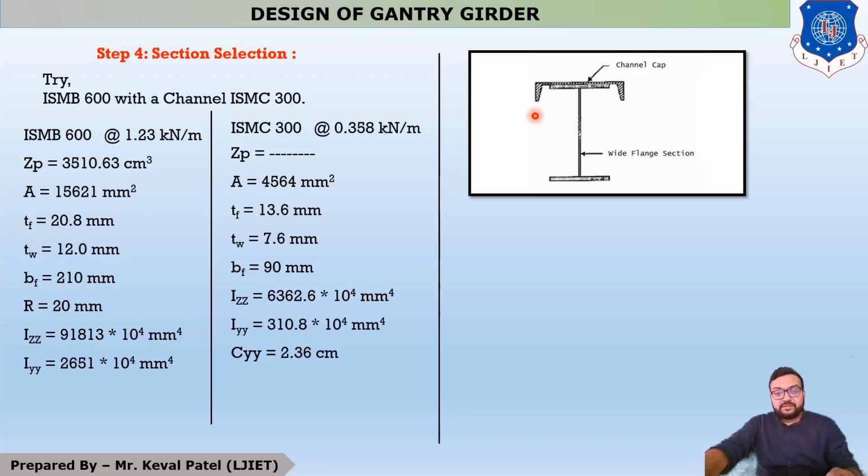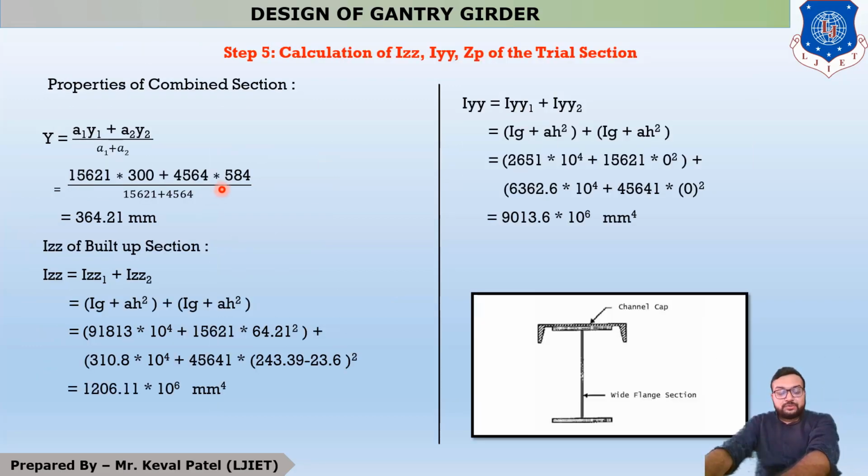So this distance is 607.6 minus 23.6, which is equal to 584. So students, with A1 and A2 as 15621 and 4564, our combined section's Y bar is 364.20 mm.